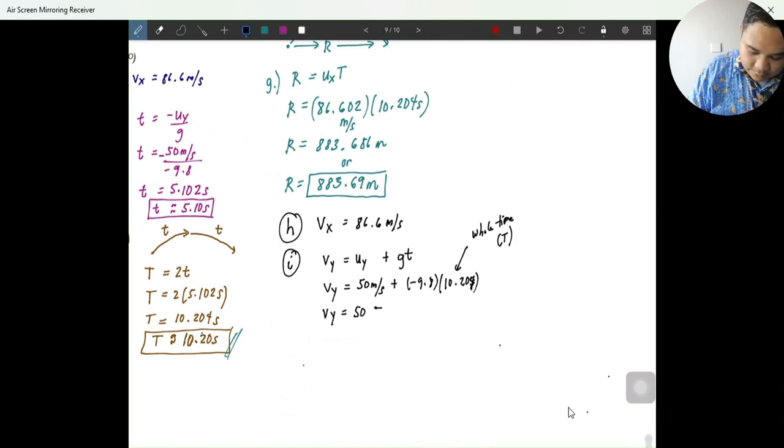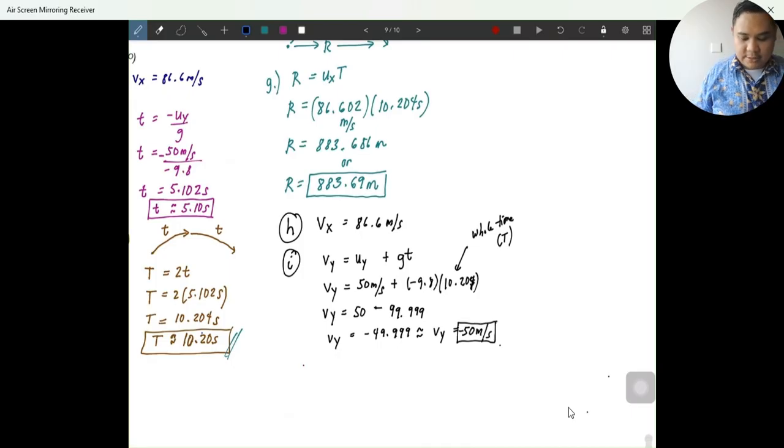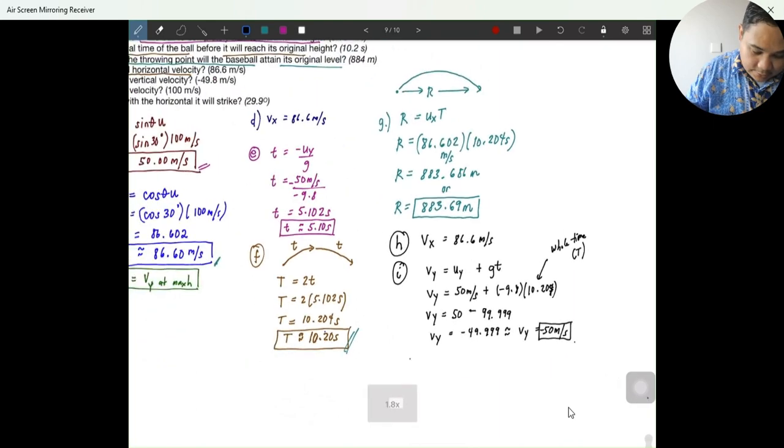And so that would be 99.999, and 50 minus 99.99, and the Vy now here is negative 49.999. Okay, and then we round it off to Vy is equals to negative 50 meters per second. Okay, so notice that it is still the same.